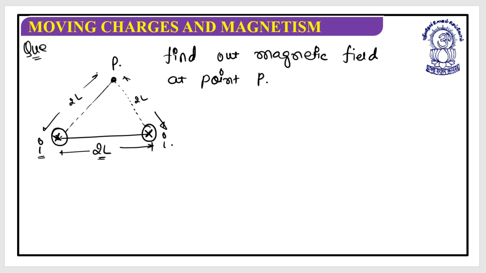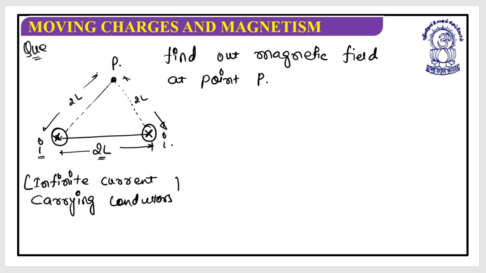When it says inside, that means you need to consider these wires, these current carrying conductors, as infinite current carrying conductors. So let's give them a notation: this is first, this is second. Let's just find out the magnitude.